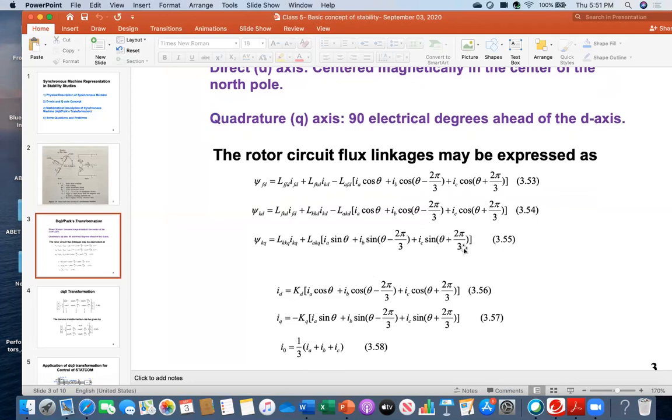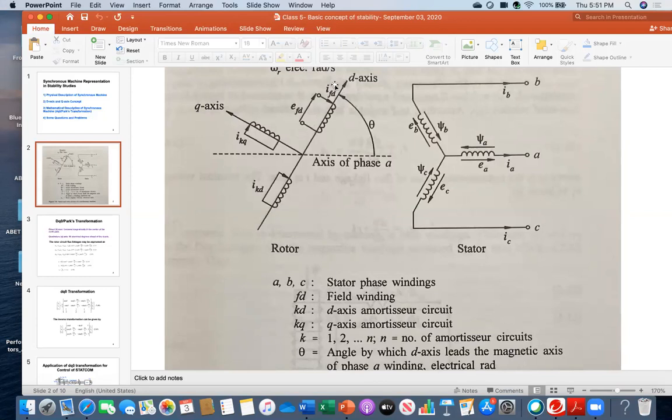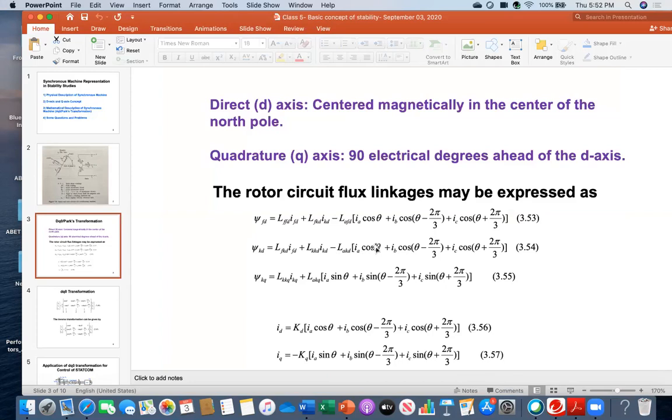Now if I go further, everybody sees a pattern for FD and KD. This means direct axis. For these two, they are located in the direct axis, and we see that all are related to cosine theta.